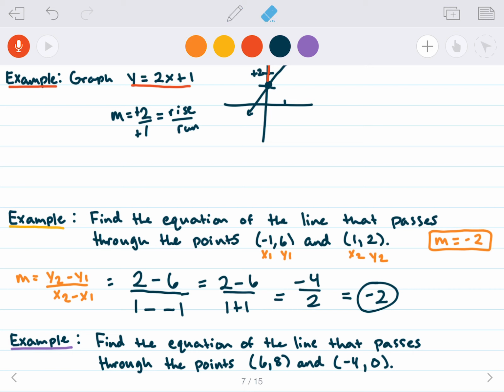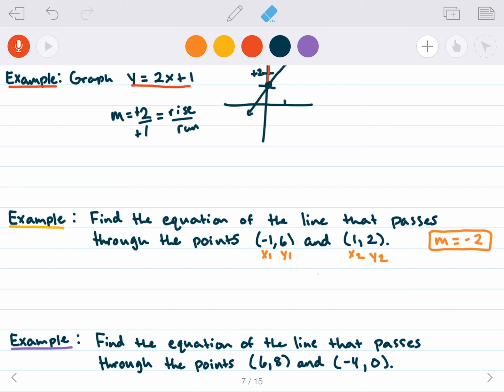And the other piece of the puzzle is to find b, the y-intercept. And to do that, all you have to do is plug in values into our basic form, y equals mx plus b. So we want to plug in something for m, x, y, and we want to solve for b.